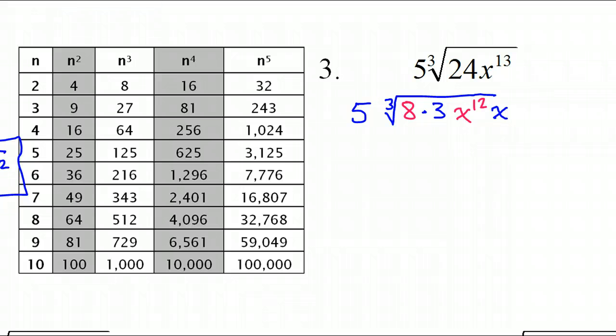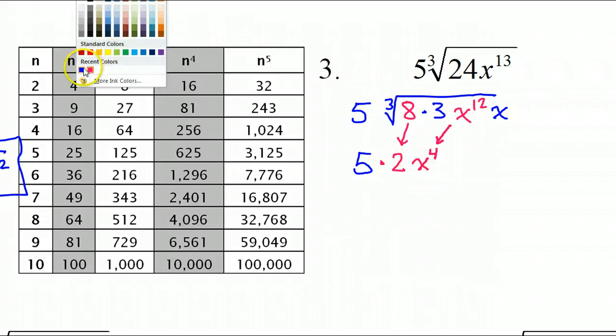So first of all, I've got that 5 sitting there, so I'm just going to bring that down. Now this 8, the cube root of 8 is 2. So that is going to come out of the radical and become a 2. To simplify x to the 12th power, I divide by 3. So this will be x to the 4th power. All of that comes out of the radical.